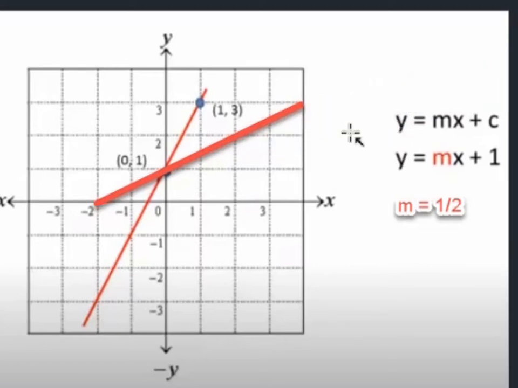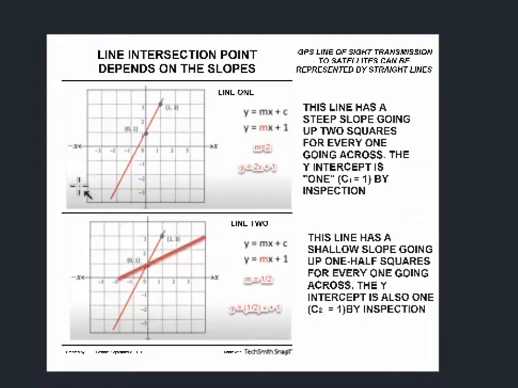So we can see pretty much from the graph that these are going to intersect at a user position of 0 x and 1 y for the intersection point. So we know what the user position is going to be. What does the GPS do to combine these two sets of equations, so that it gives us the user position, the intercept point, every time?